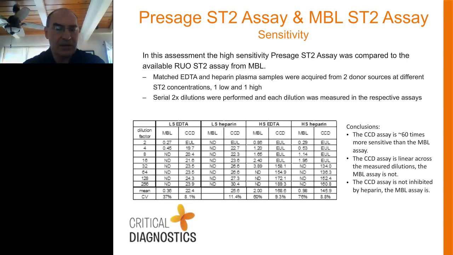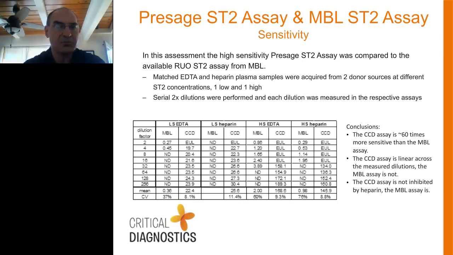So the antigen that was used to make our antibodies was as close to the native protein as we could possibly get in a recombinant system. The research use tests used different expression systems that were eukaryotic but were not human. And because this is a highly post-translationally modified protein, the antigenicity is different, the sensitivity and the affinity of the antibodies is different, and consequently you get very different performance of your test.